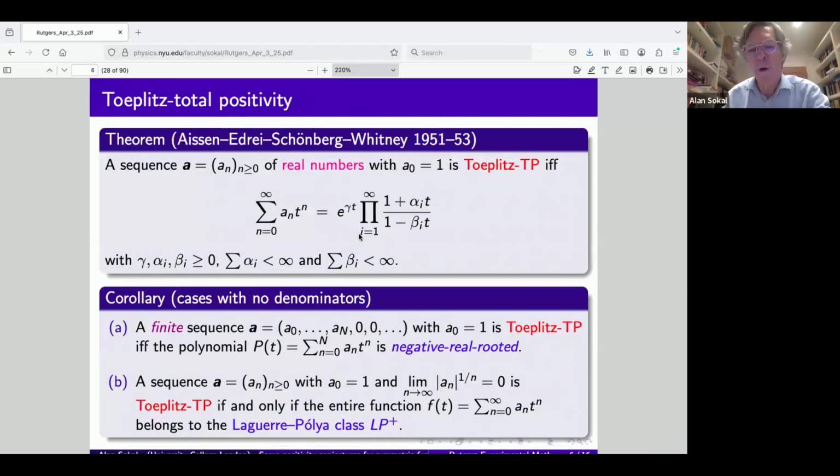Right. So over the real numbers, total positivity of a Toeplitz matrix says that the generating function has this particular form. For Hankel matrices, it's completely different. A sequence of real numbers is Hankel totally positive if and only if it's a Stieltjes moment sequence, that is to say, moments of a positive measure on the positive real axis.